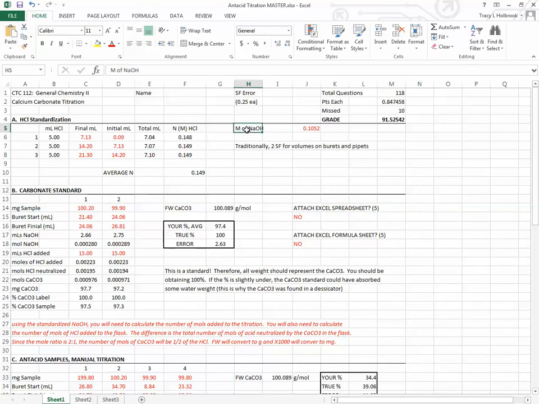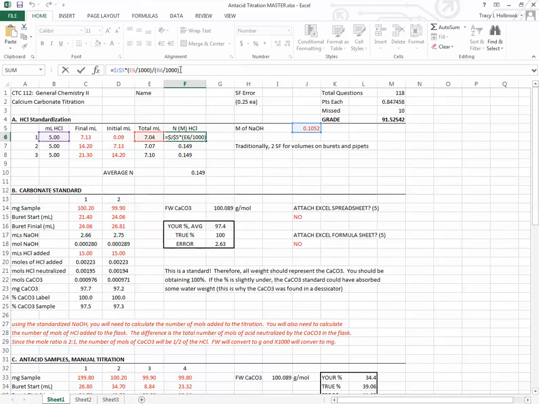My molarity of NaOH was given to me, so 0.1052 is what was reported. So I calculate the molarity of hydrochloric acid. Just like we talked about in the calculation portion, I want to reference the cells that I need to use in order to make this calculation work. I want Excel to do the calculation for me.